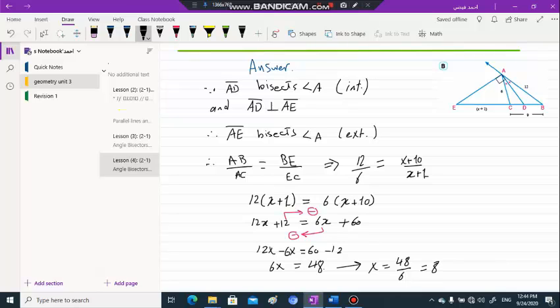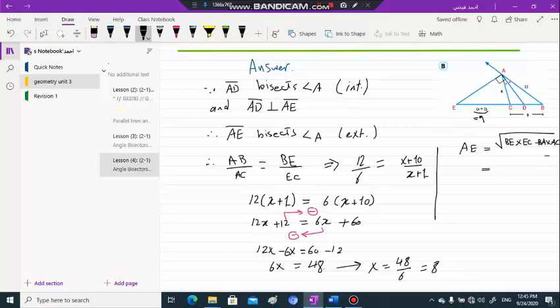So we have AC, x plus 1, which is 8 plus 1, so it will be 9. So x plus 1 equals 9. Then we want to find the length of AE. So AE equals the square root of BE times AC minus BA times AC.